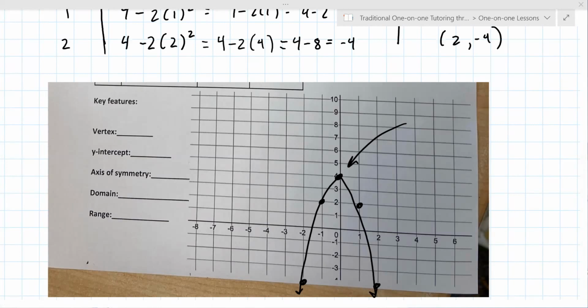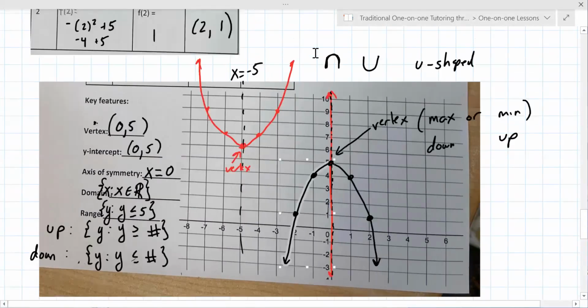Could you scroll up super fast, please? Absolutely. Oh, right. Okay. You can go back down.